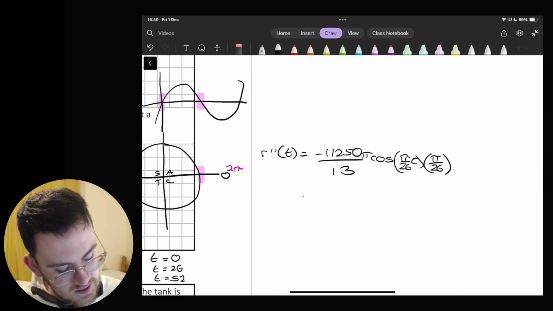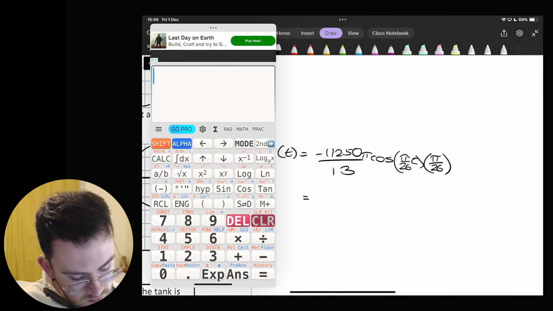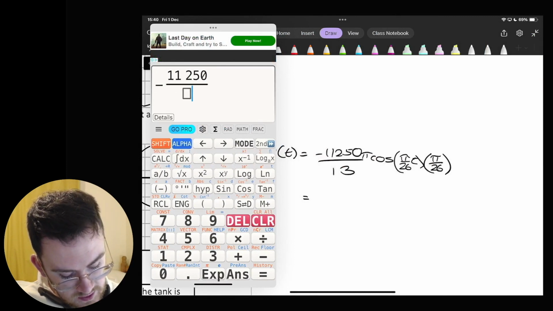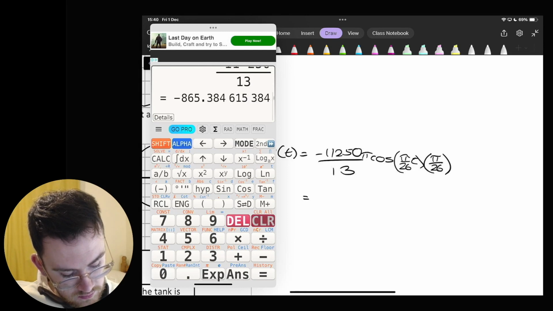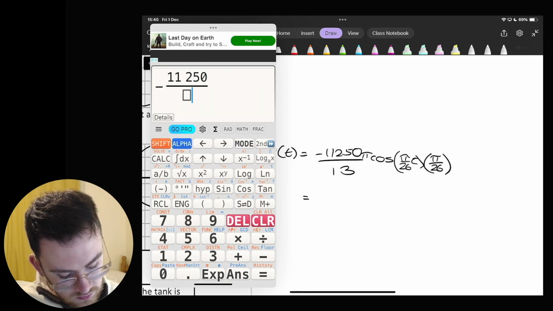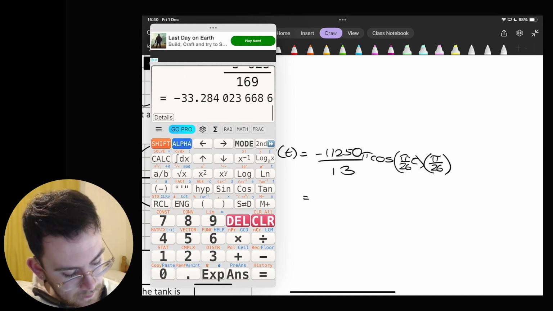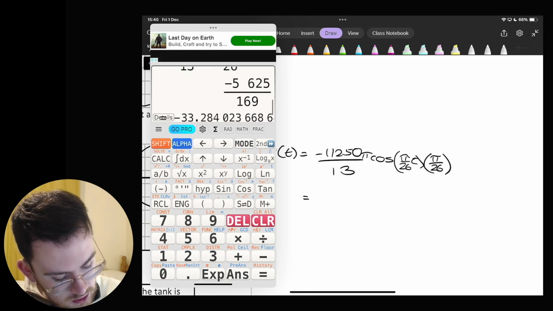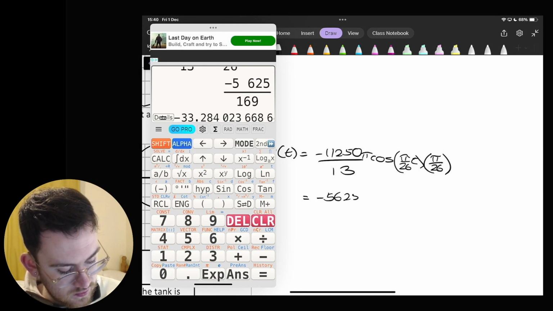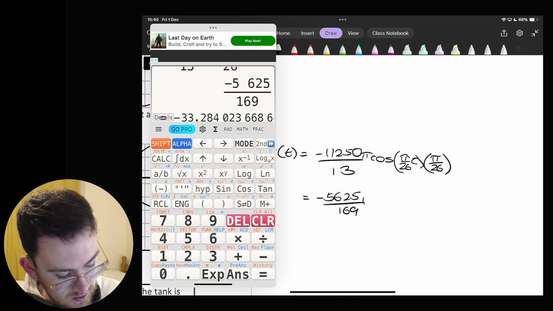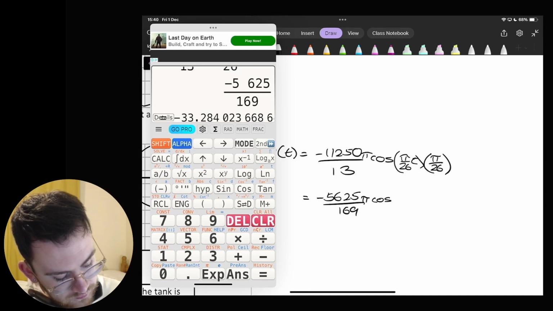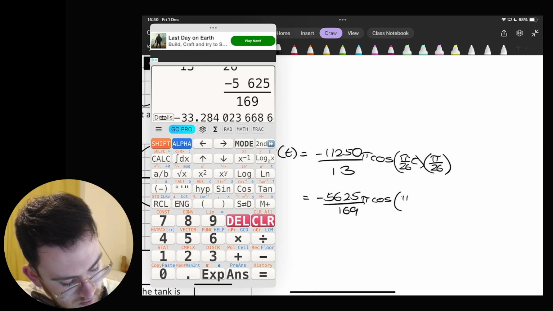Can we simplify this down a little bit more? 11250 over 13 times 1 over 26, which gives minus 5625 over 169 pi cos pi over 26 t.